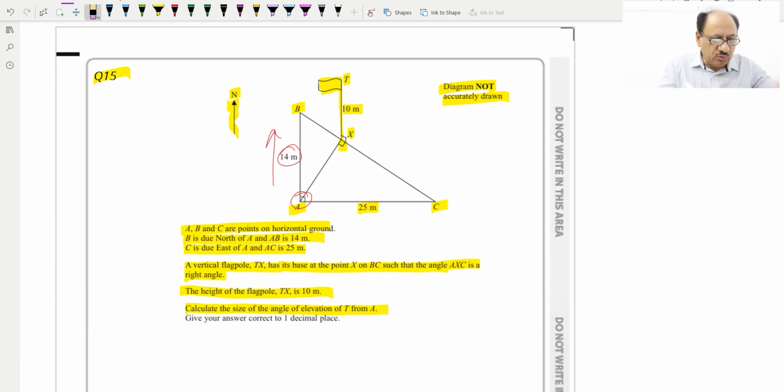So we need to indicate the angle of elevation. We can draw it, and this angle of elevation is the one we need to calculate, and we take it as theta. They are saying give your answer correct to 1 decimal place.